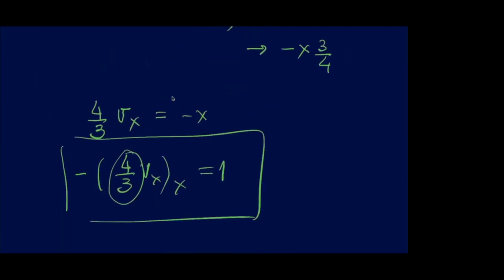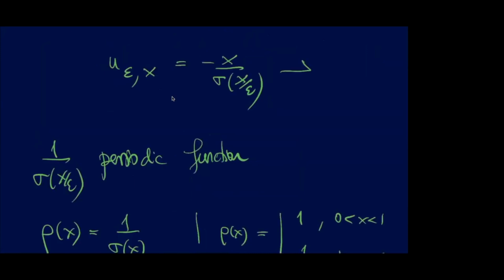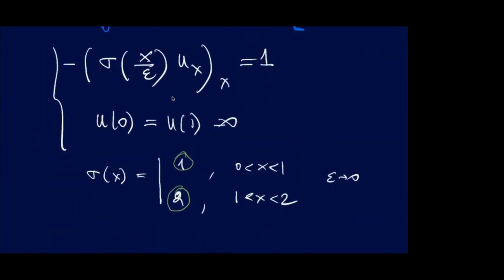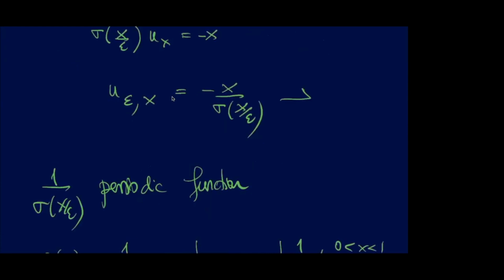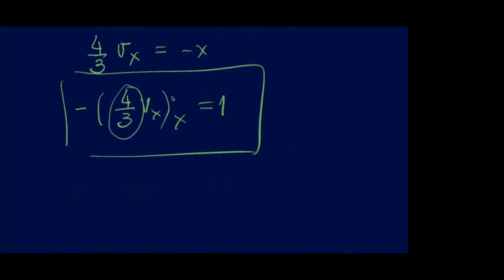What is interesting here, first, this computation is of course very interesting analytically, and you can prove that if you solve this Dirichlet problem, the solutions are bounded in H10, and that the weak limit of the solutions is the solution of the corresponding Dirichlet problem with the new diffusivity or elasticity coefficient 4/3.